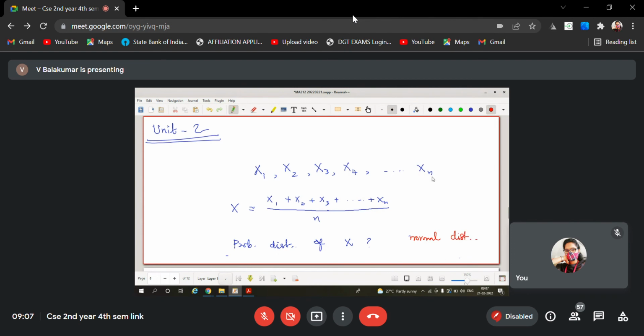If n is becoming larger and larger, or we'll say as n tends to infinity, as n becomes large, the probability distribution of X becomes normal distribution.